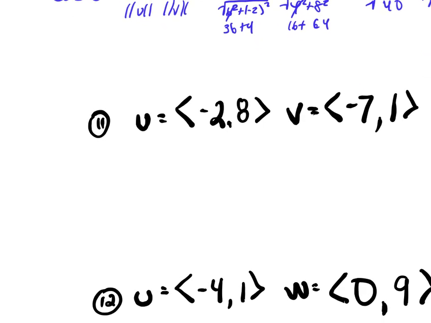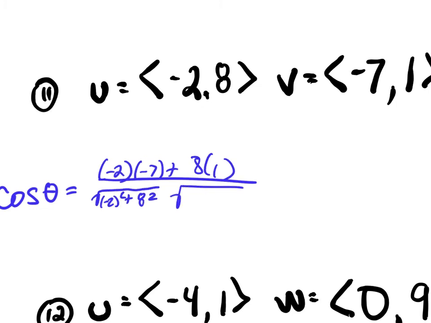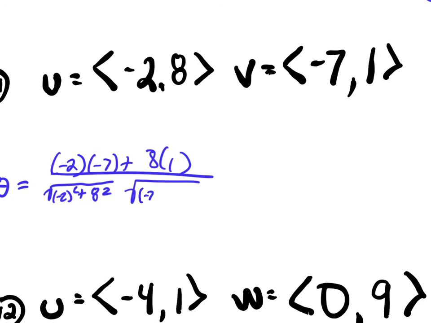So here, cosine of theta is dot product on the top. So negative 2 times negative 7 plus 8 times 1 over the magnitude. So negative 2 squared plus 8 squared times the magnitude of v, which is negative 7 squared plus 1 squared. So I have 14 plus 8, which is 22.